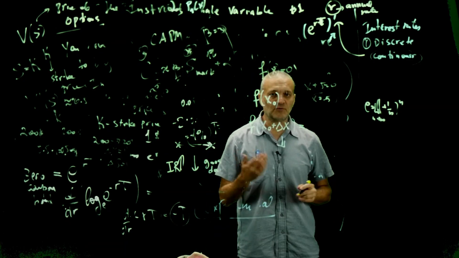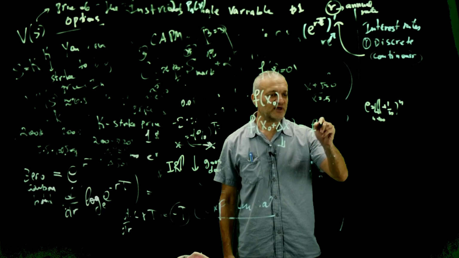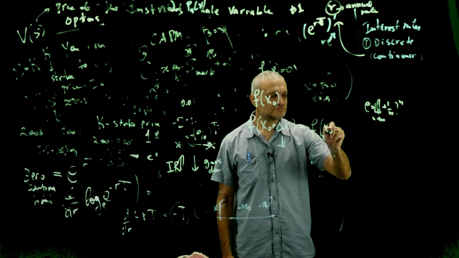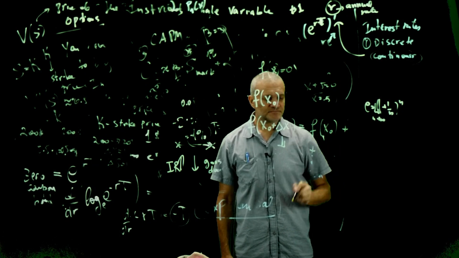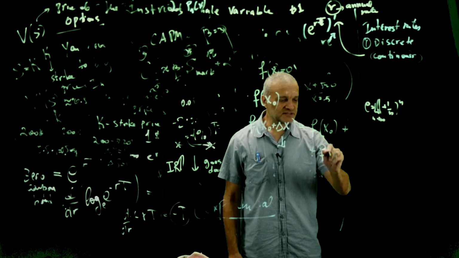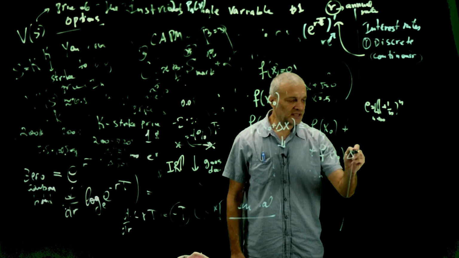What is this? This is going to be f of x0 plus f prime of x0 times delta x.